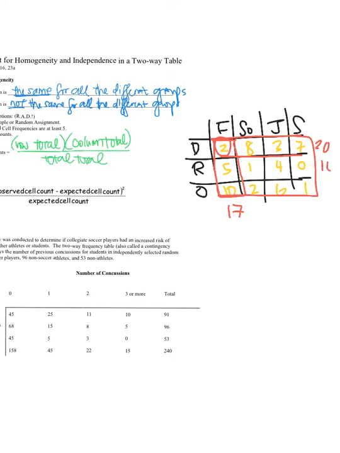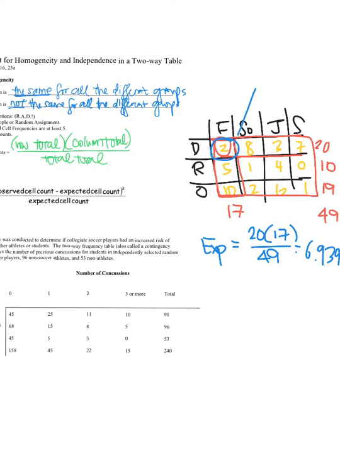This turns out to be 10, this is 19, so that gets me a total of 49. So to find the expected count, in blue here, for that cell, I would do 20 times 17 over 49, and that gets me 6.939. So the expected count would be 6.939 for that one.